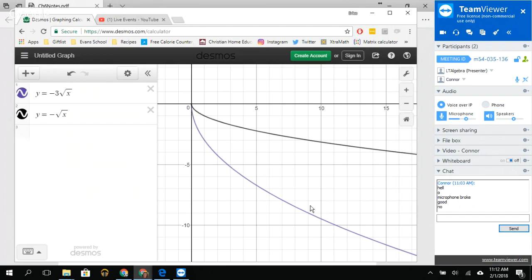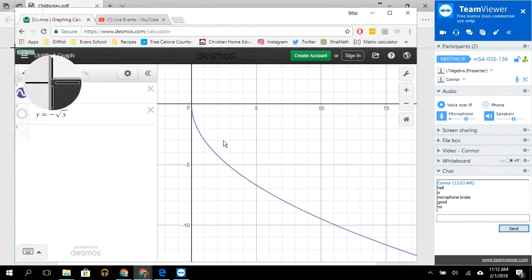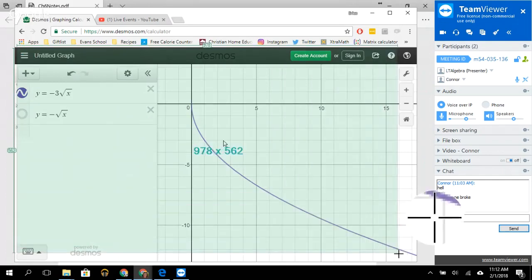So then what would we say that the domain and range for our purple curve is? I would say that the domain is, let me pull it over here.